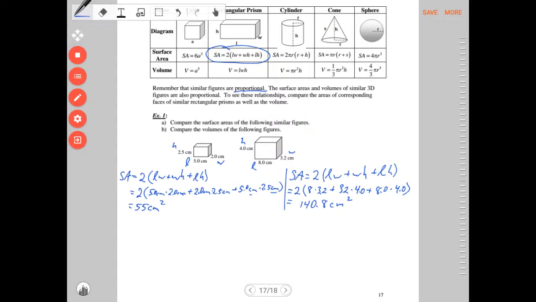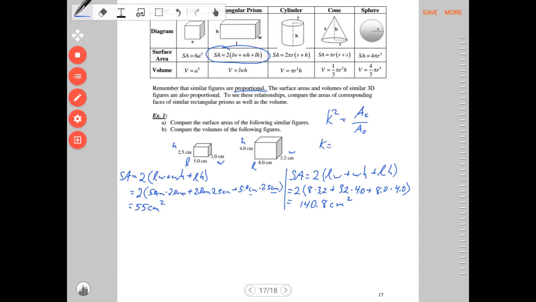That's interesting. We already know the formula for this: k squared is supposed to be the area of the image divided by the area of the original. So let's figure out what the k value is.